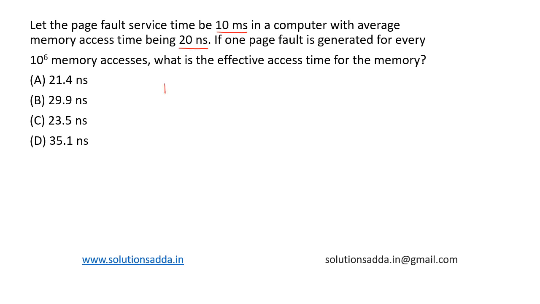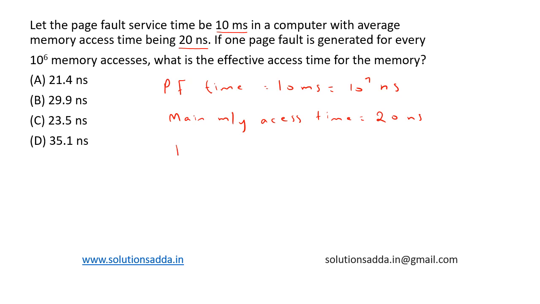So first is page fault service time, which is equal to 10 milliseconds, which is equal to 10 to the power of 7 nanoseconds. Now main memory access time is equal to 20 nanoseconds, and one page fault is generated for every 10 to the power of 6 accesses.